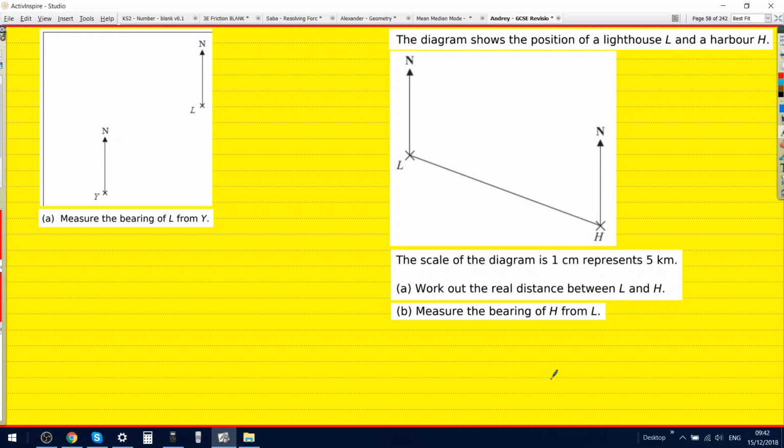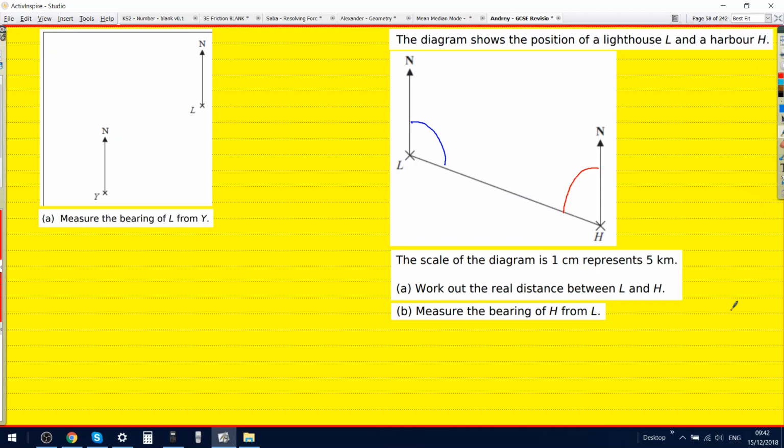Isn't it like, you'd get a protractor or something, and then you work out the angle, and then you minus it from 360. So which angle? Like the smaller angle of the two, I think. What letter is next to it? L or H? So let's say there's two interior angles. You've got this one here and this one here. So which is the bearing of H from L?